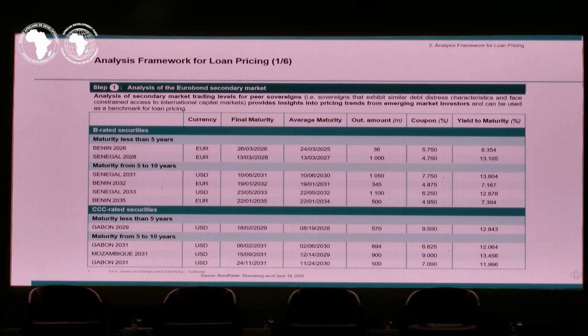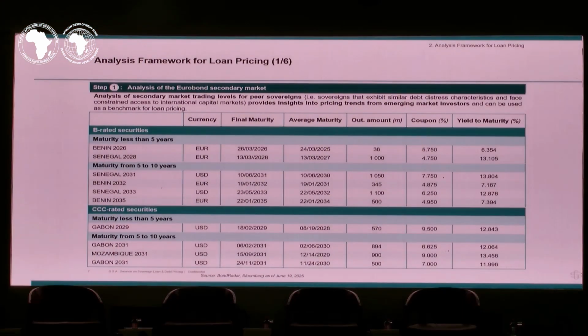But also, it should be aligned at the level of the terms that are required for the loan. Notably, it should aim for the same maturity, the same size of loan, the currency, and so on and so forth. Let's be concrete and use an example.